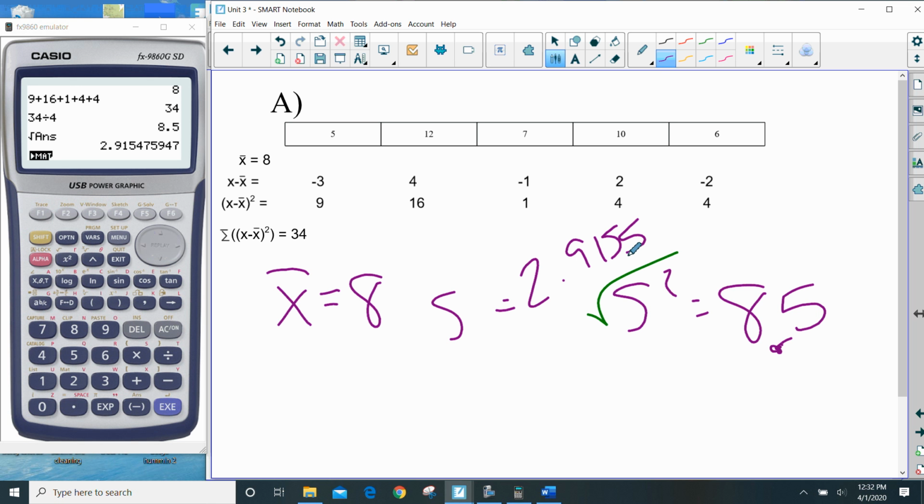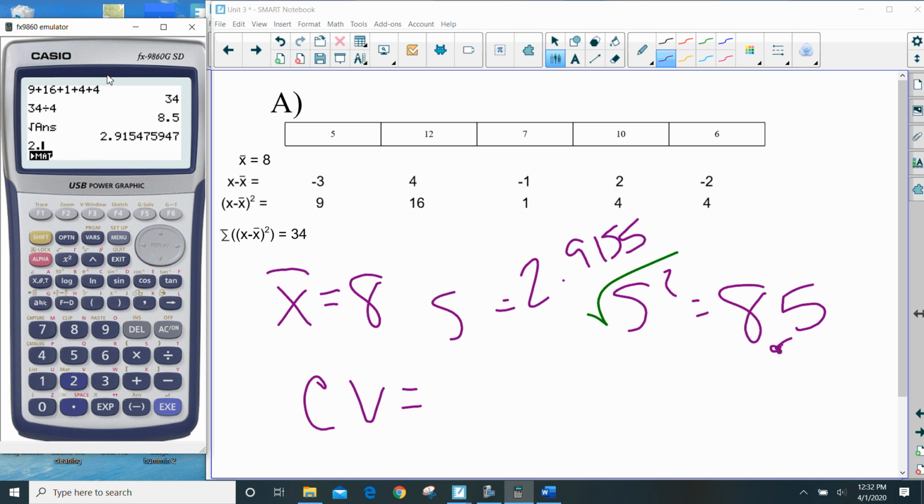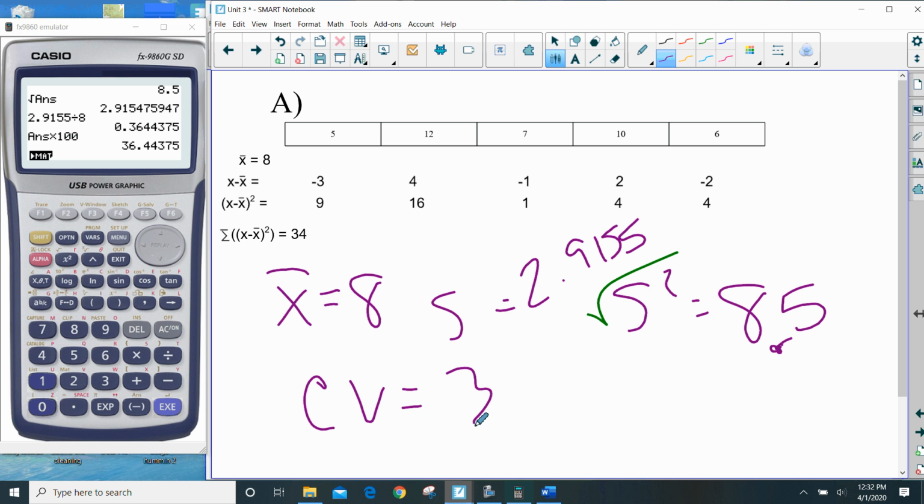And so we have the coefficient of variation, which is S divided by X bar times 100, and ta-da, no fancy calculator necessary.